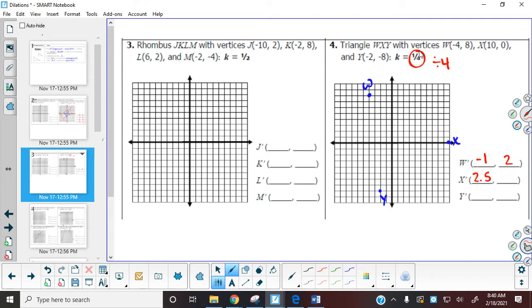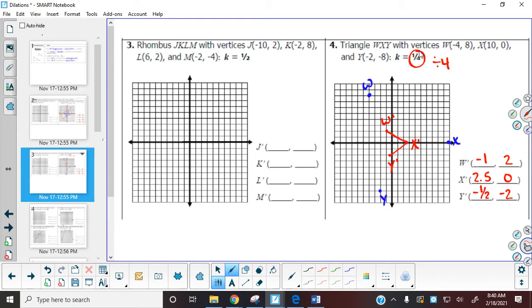Some of you will hesitate because you're worried about the decimal. Don't be, it's okay. And the last one, you'll have negative 1/2, negative 2. When I plot this, I'm over 1 up 2, over 2.5 up 0, and left 1/2 down 2. And so this is my new W, X, and Y.